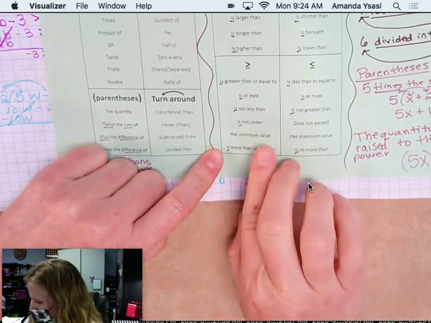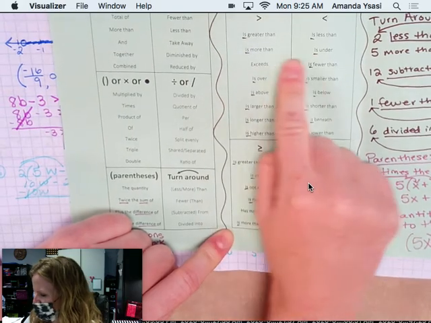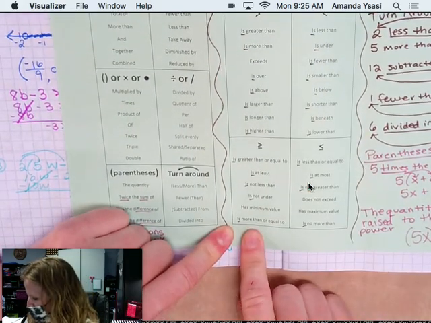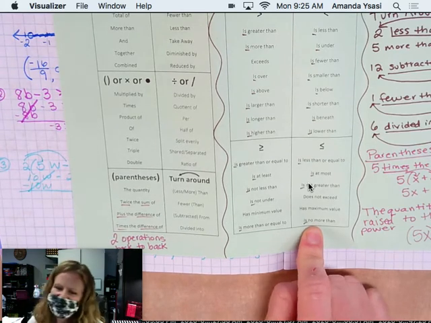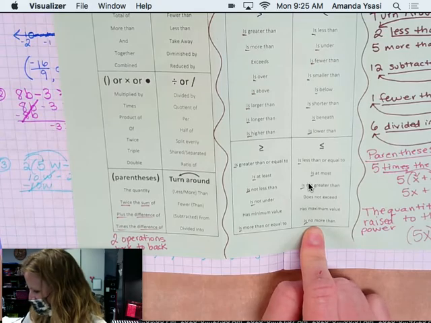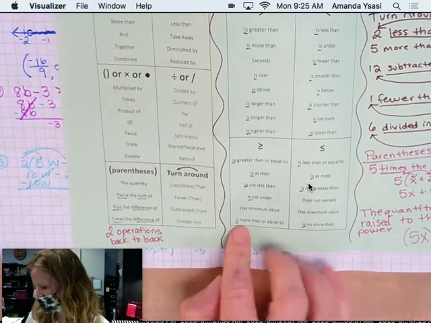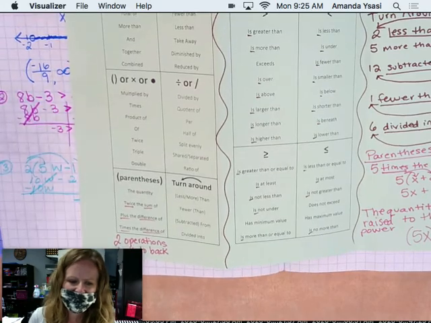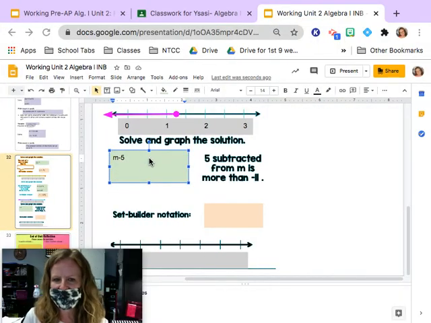But it's not or equal to. Oh, here it is. Goodness, I'm sorry. Just having a moment. It says it is more than. Oh, okay. See? I'm all confused. All right, is more than.